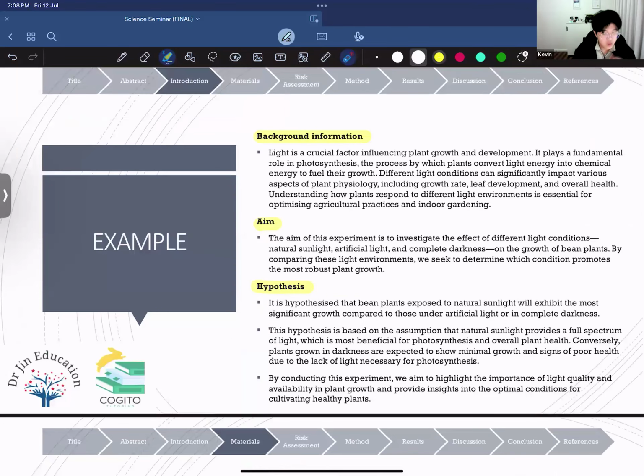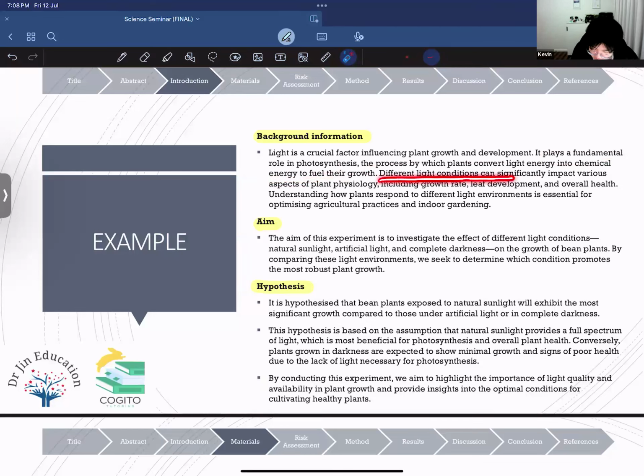Okay, so remember, with a good introduction, you should start broad. So you're starting broad with the background information, right? Light is a crucial factor influencing plant growth and development. It plays a fundamental role in photosynthesis, the process by which plants convert light energy into chemical energy to fuel their growth, right?